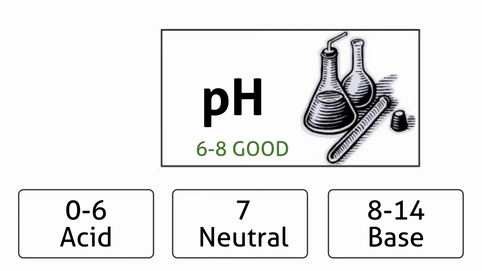And the 3 boxes below pH should say 0 to 6 acid, 7 neutral, and 8 to 14 base. We're done with the water quality worksheet. You can put that away. I promise you are not going to see that again.